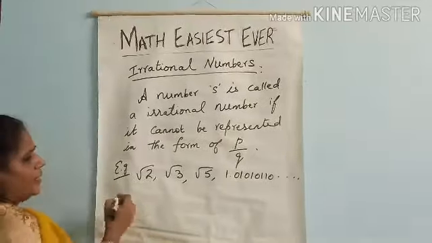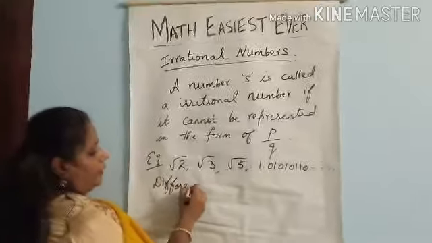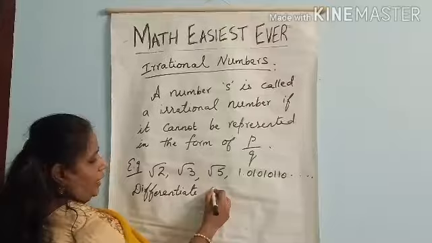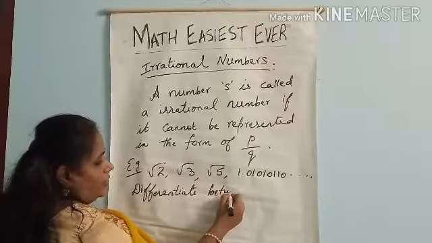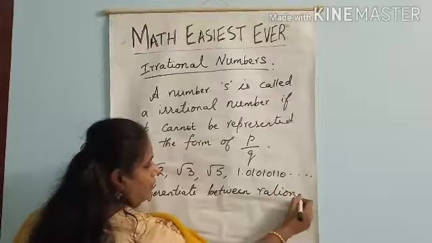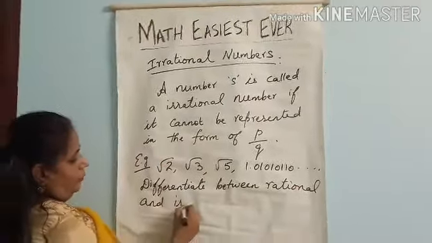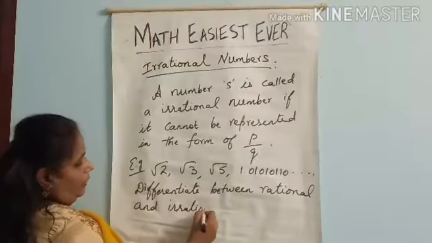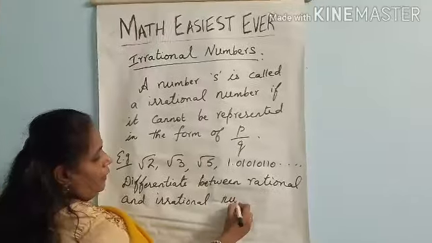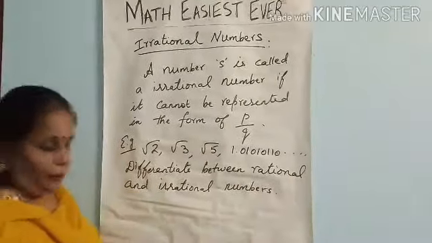Now, let's see how to differentiate between rational and irrational numbers. I told you already rational numbers can be represented in the form of P by Q and irrational numbers cannot be represented in the form of P by Q.